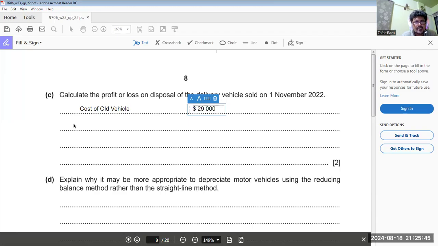Okay, less provision for depreciation. That was 8,000. Okay, keep it in bracket. So how much? Book value is 21,000.